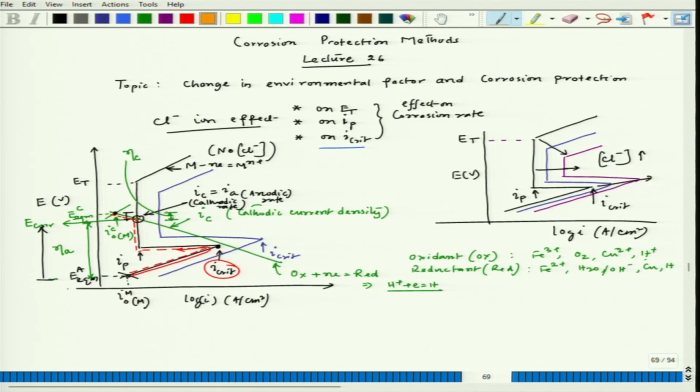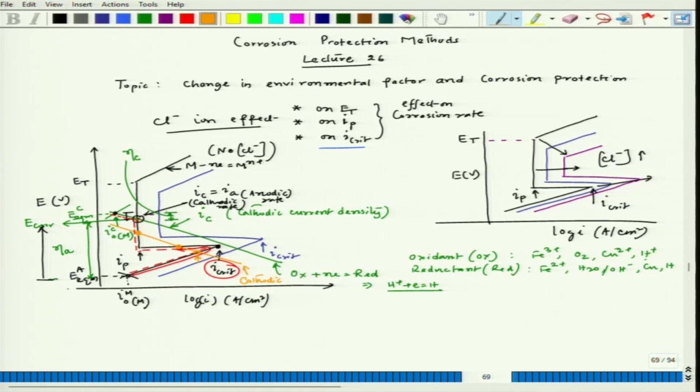Now, this situation would have been different had the cathodic process cut this particular line. If it does, then I see 3 locations where I meet the mixed potential condition. One location is this one, another one is this one, another one is this one. In that case, the system would like to stay at this location.